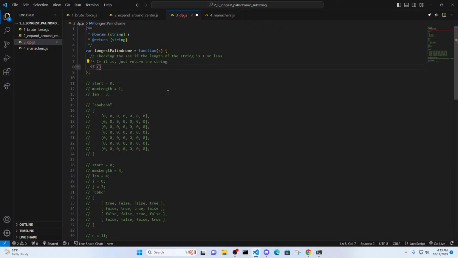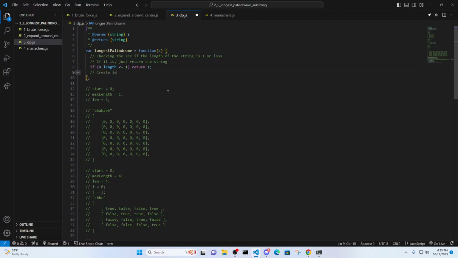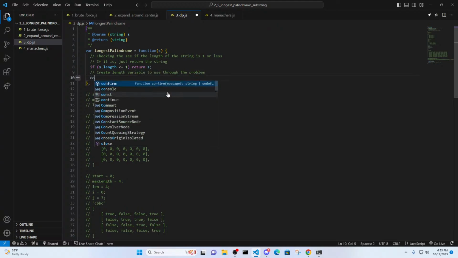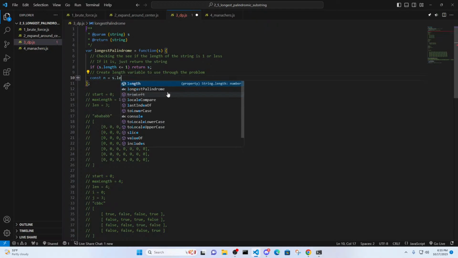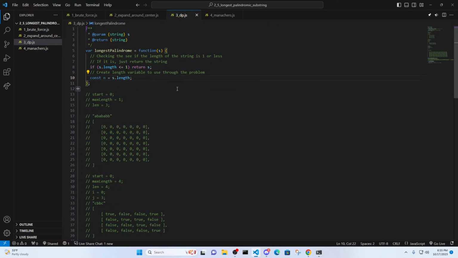So if s dot length is less than or equal to 1, return s. Simple enough. In this one, for some reason, I created the length variable. So let's just say create length variable to use throughout the problem. And so we just do s dot length. We have that to use.